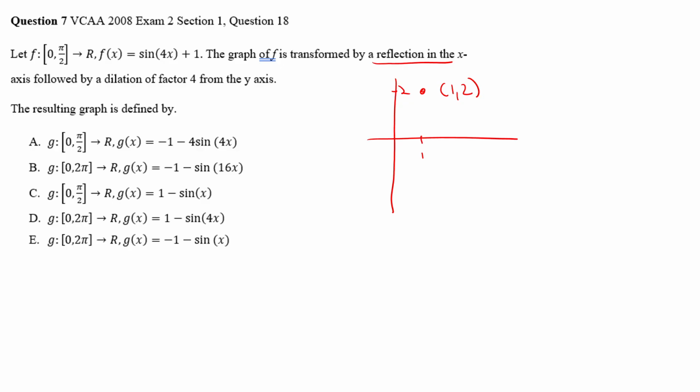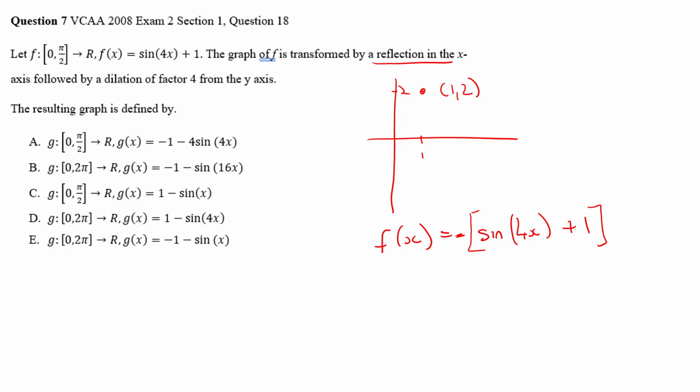So that negative needs to be applied to everything in my function. If I look at my function first, I'm really just saying I want a negative on that. So f of x is equal to sine 4x plus 1. I am literally going to put brackets around it and put a negative there.